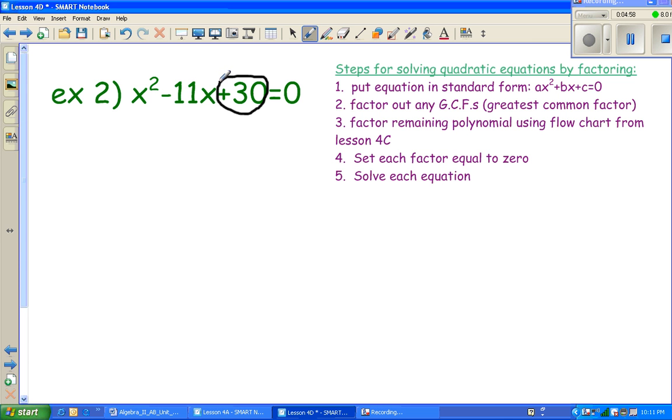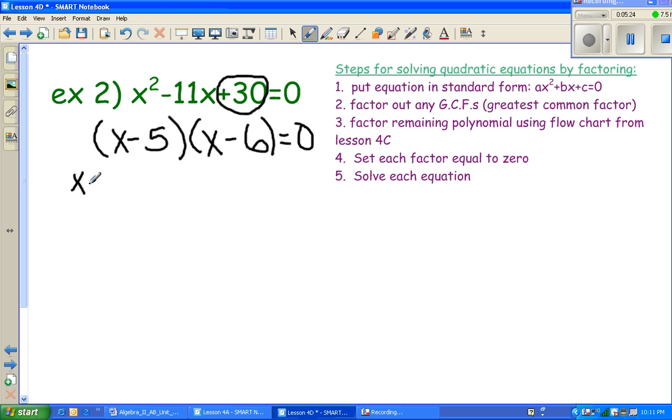So two things that multiply to give me a positive that add together to give me a negative are going to be two negatives. So my factors here are x minus 5 and x minus 6. Neither one of these can be factored further, so everything's been factored completely.